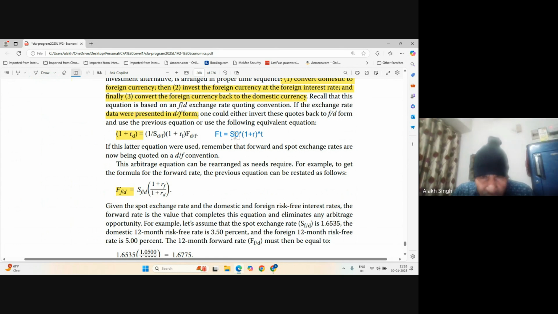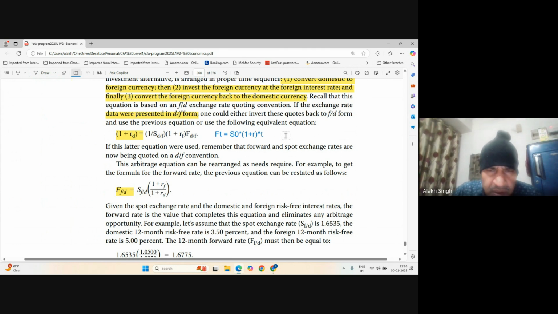Now here are two rates. One will be 1 plus RF, and the other 1 plus RD, where RD is the domestic rate. Now which one goes on top? This was the forward formula. Now we have to calculate the currency rate.